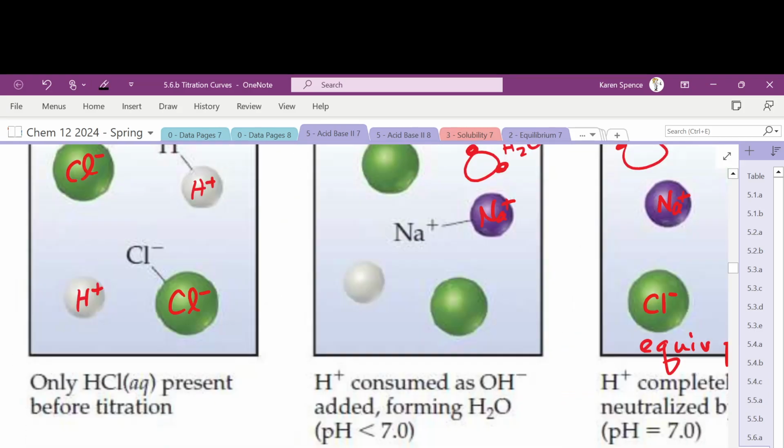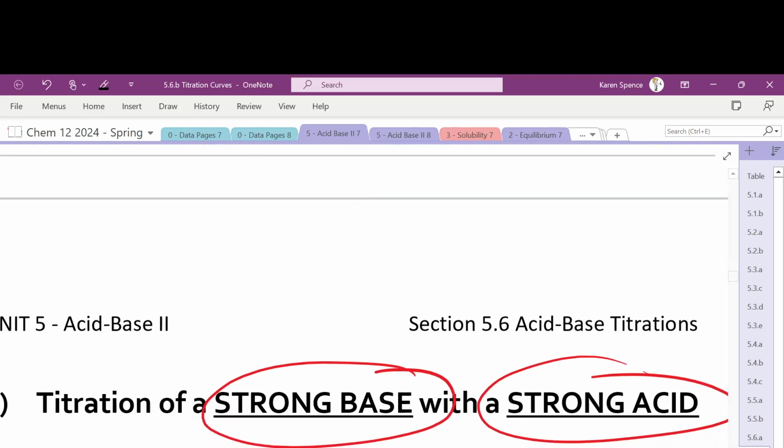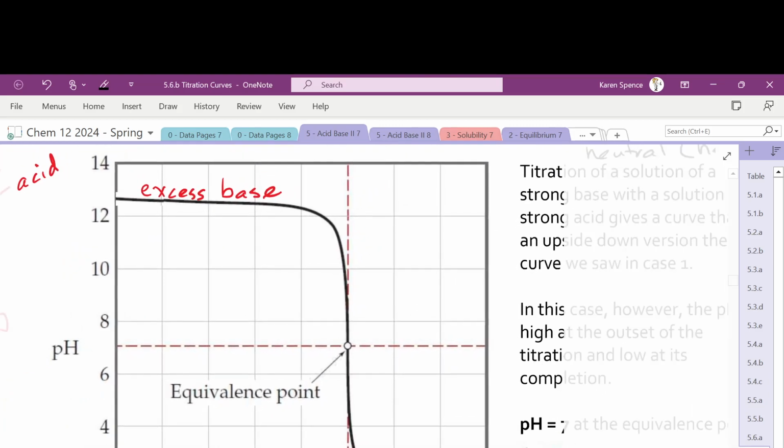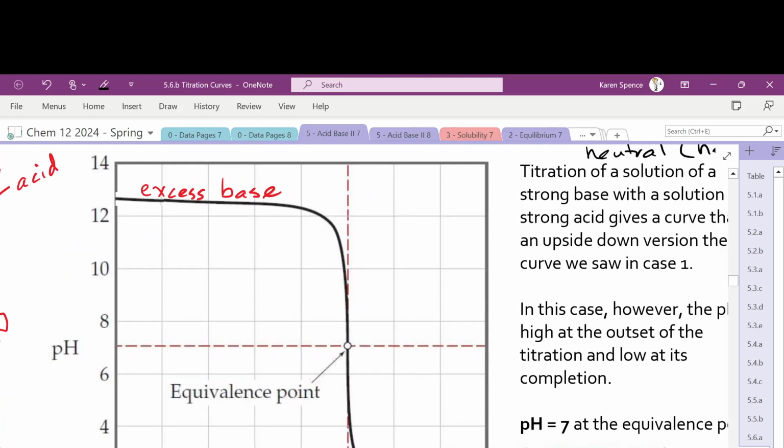Now, what if we had this? What are we starting with in the flask? In the flask, we have a strong base, and in the burette, we have strong acid.